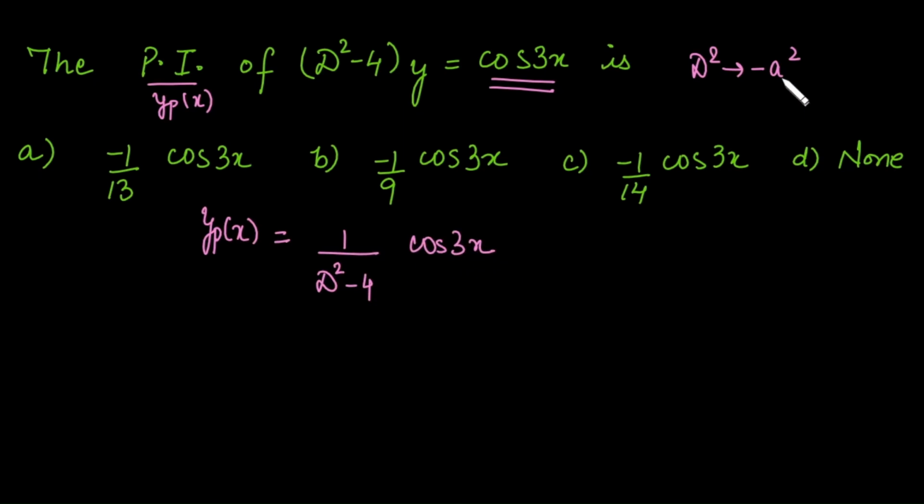So replace d square by minus a square. A is 3, so a square is equal to 9. So we write here 1 upon minus 9 minus 4 cos of 3x. Minus 9 minus 4 is minus 13. Hence the answer is A option.